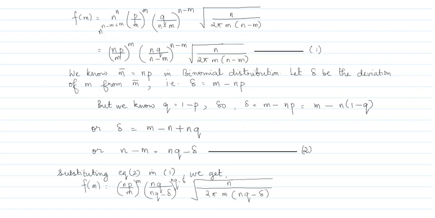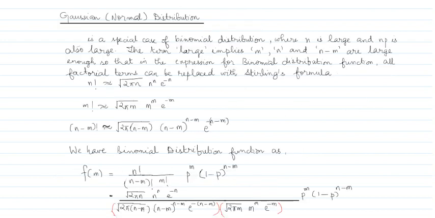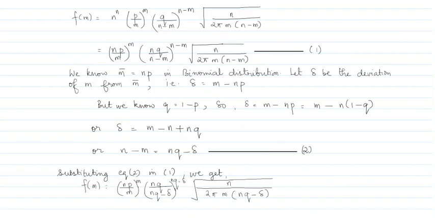So I have an n raised to n minus m which can go along with this term, and I have an n raised to m which can go along with this term. So that's how I have obtained the step written here. The rest of the terms, within the root I have n here in the numerator, n minus m in the denominator, m in the denominator, and a root 2 pi also. So this is my equation 1.